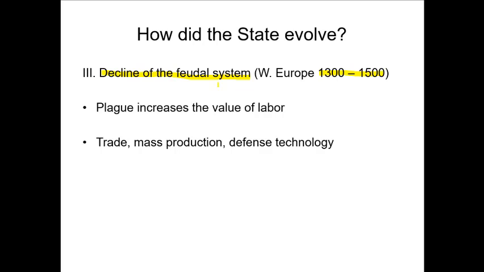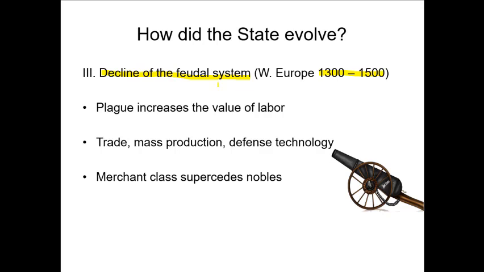We started to see defense technologies such as gunpowder and cannons, which were more conducive to protecting a defined territory as opposed to these large multi-ethnic expansive empires, where in many cases they were conquered on horseback over large areas and then were very scattered. And so now with trade, mass production, and defense technology, it's more conducive to have a defined area to do this with.